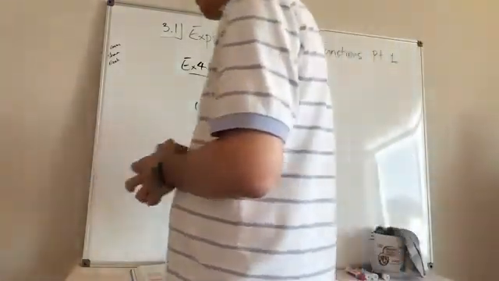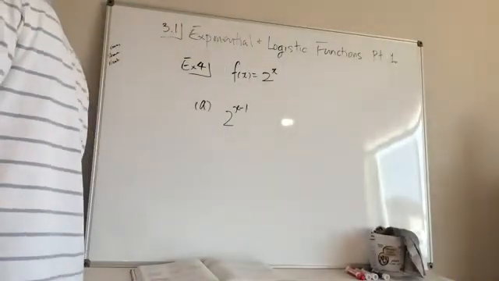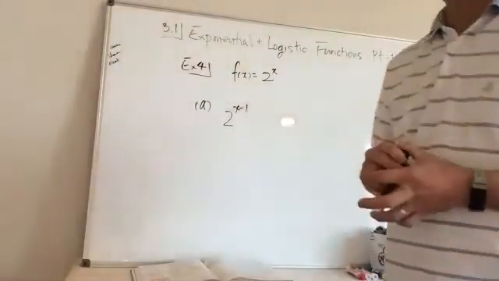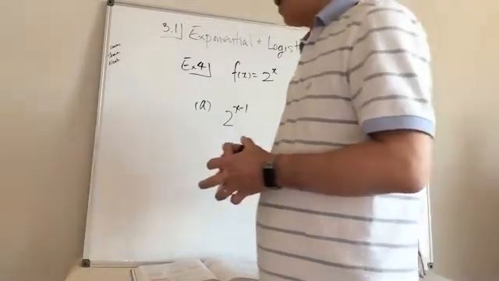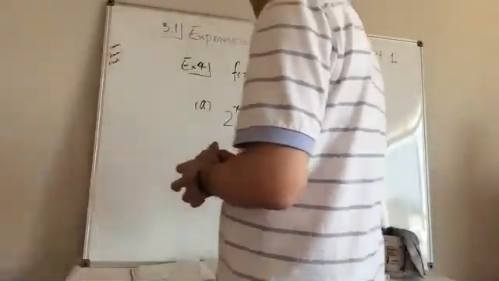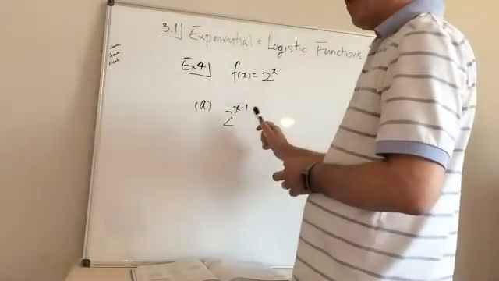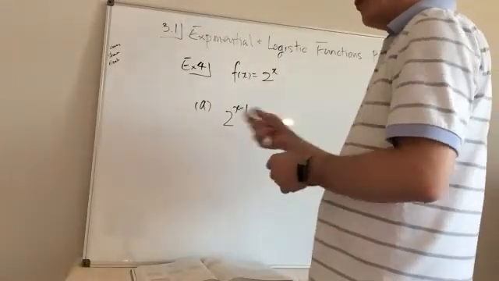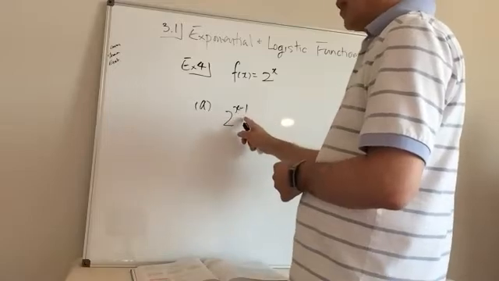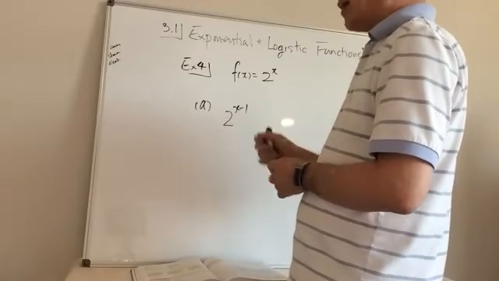So what kind of transformation or translation is this? Caden? I don't know. Where x is, I'm going to put x minus 1, right? So it's going to be to the left or to the right, okay? Oh, isn't it to the right? It's to the right, so it's 1 to the right, okay?